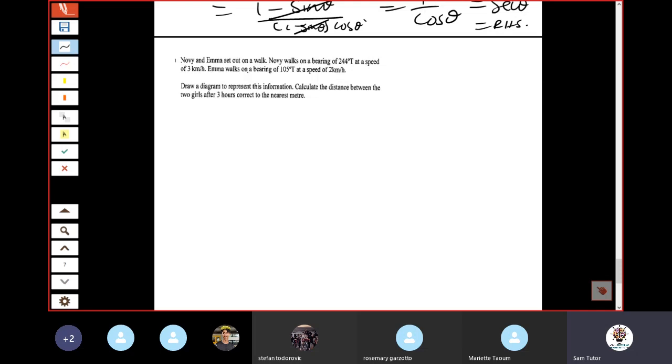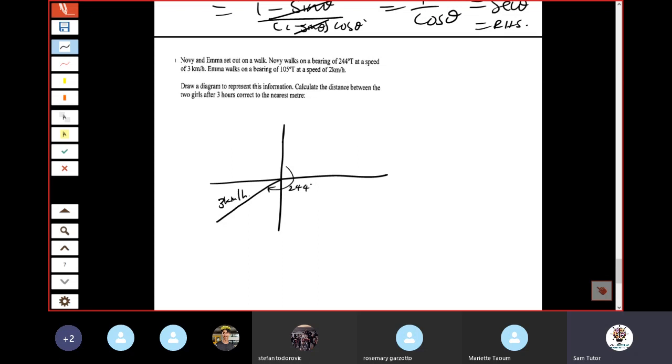Novi and Emma set out on a walk. Novi walks on a bearing of 244 degrees. So this is not a 3D trick, this is just normal 2D. Novi walks on a bearing of 244, which would be something like that, at a speed of 3 kilometers per hour.